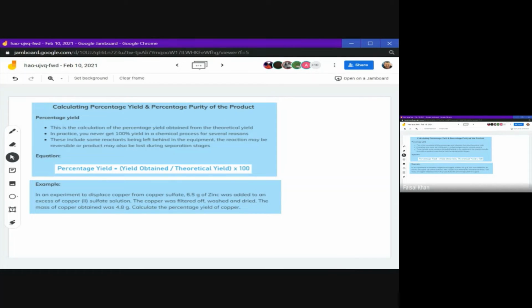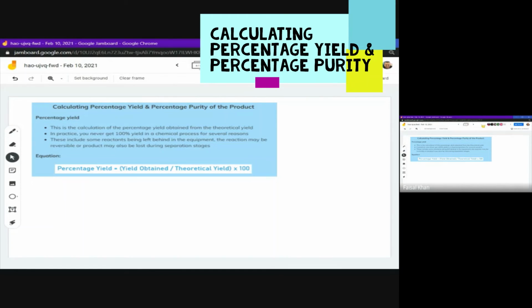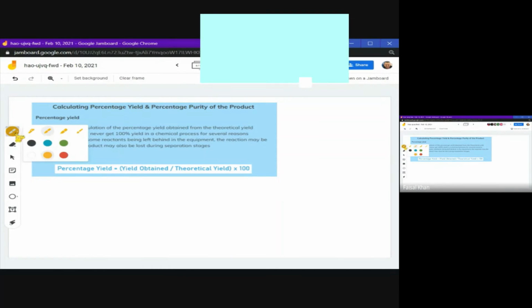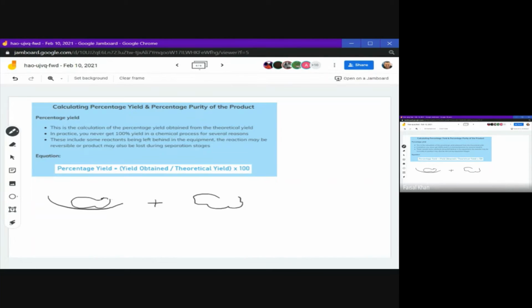Basically, when you have experiments, I'm going to delete the example, otherwise it's going to be distracting for you. In slide 6, that's where we all are. If you have an experiment, and let's say you react this solid with this solid, you react 2 solids together.